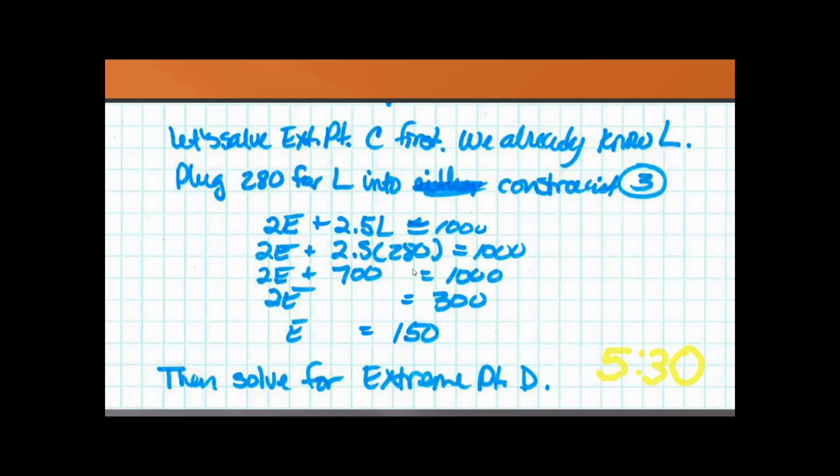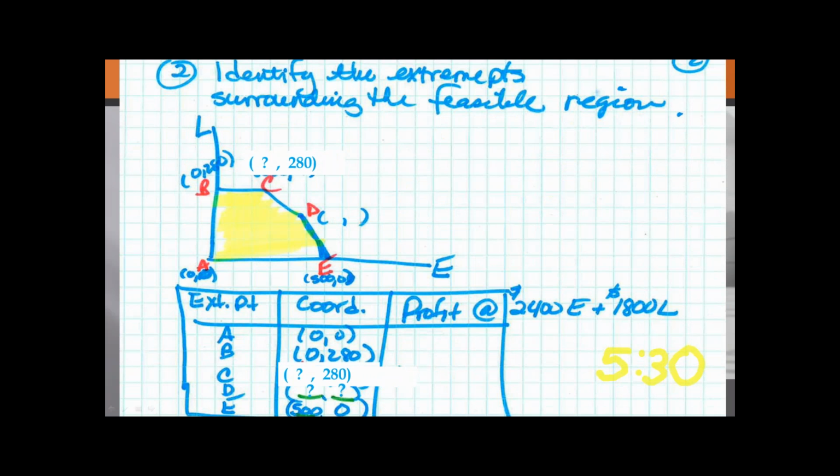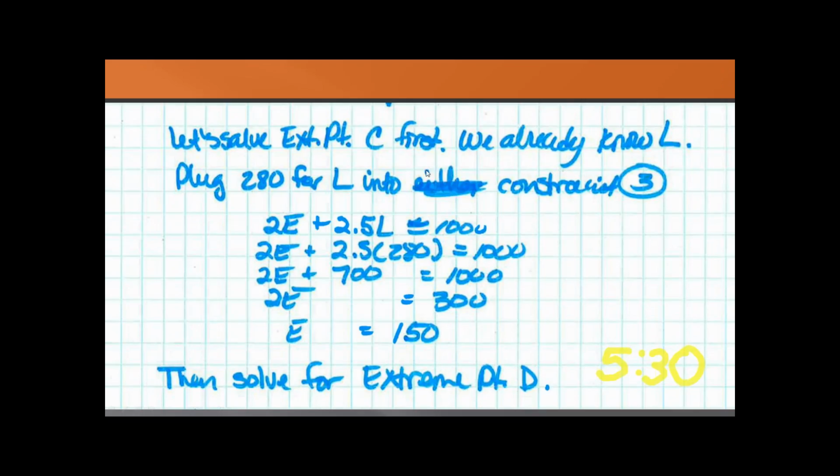So let's do that. Let's first solve for extreme point C, which is right here. We already know L. L is 280. So let's just plug it into that constraint number 3, which is 2E plus 2.5L equal to 1,000 hours available for engine.